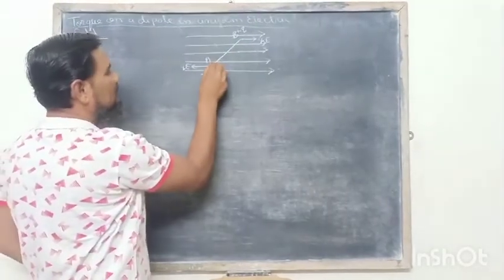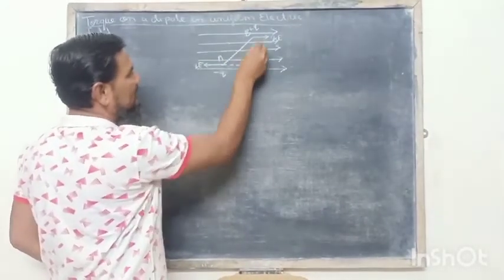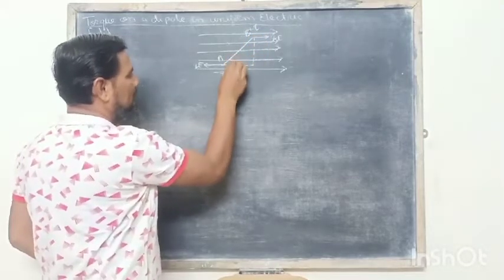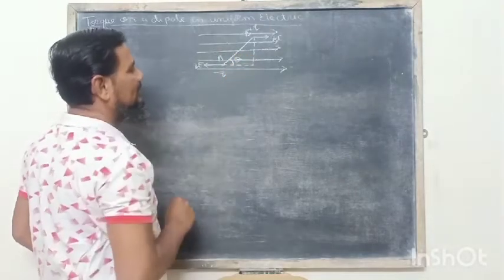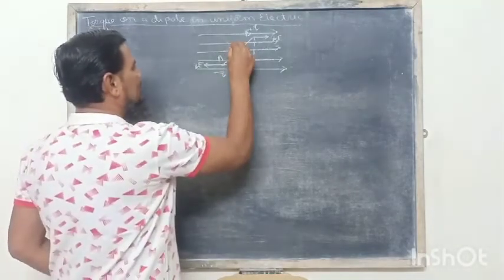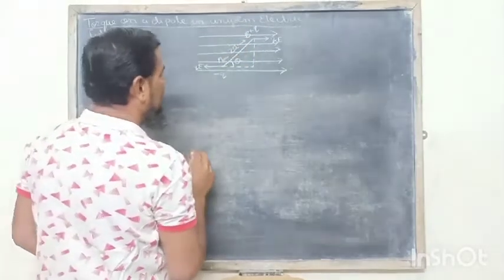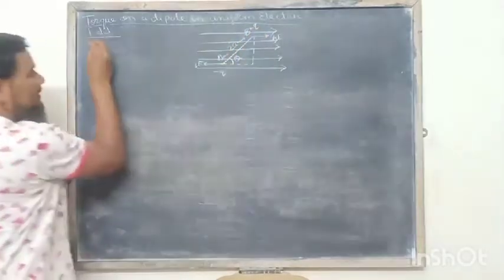In order to calculate the torque, we extend these lines of force and draw a perpendicular on it. If the angle of the dipole with the electric field is theta, and the separation of charges is 2a, then the torque will be either force into the perpendicular distance.